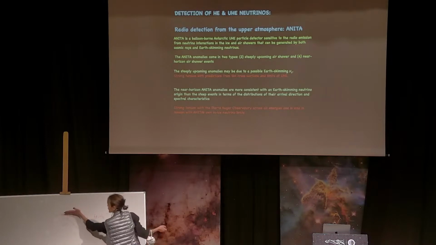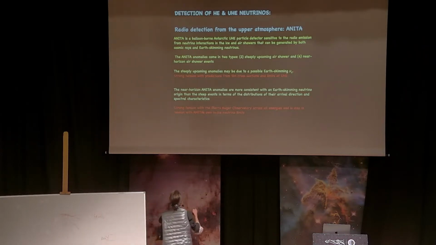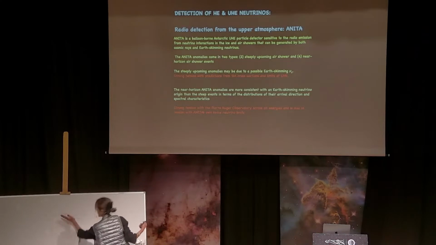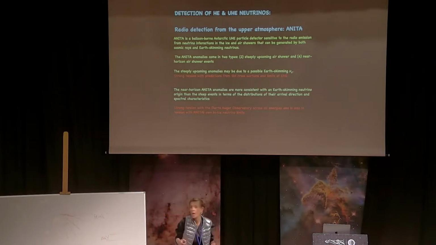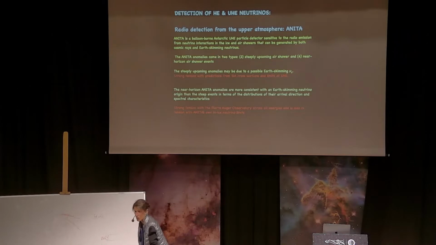It has detected 4 events that come basically like this, and 2 events like this, okay? So the steeply upcoming ones are those coming at an angle that, well, it's not 90 degrees, it's like 30, okay? Maybe due to a possible Earth-skimming tau neutrino. But this is in strong tension with predictions of the standard model cross-section. Why? Because at these angles, these neutrinos, if the standard model cross-section is correct, which we believe it is, I hope, will get absorbed, right?